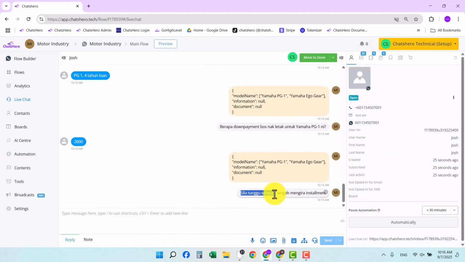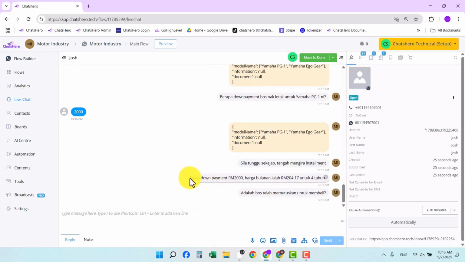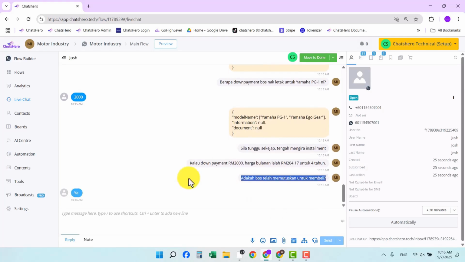It can calculate what the monthly installment will be. Okay, if the down payment is 2,000, okay, the monthly installment will be this amount for 4 years. Okay, so at this stage, the AI will ask them, do you want to take this motorcycle? If the customer says yes today, then yes, that is a positive outcome.